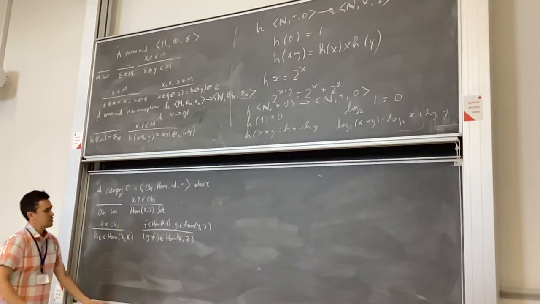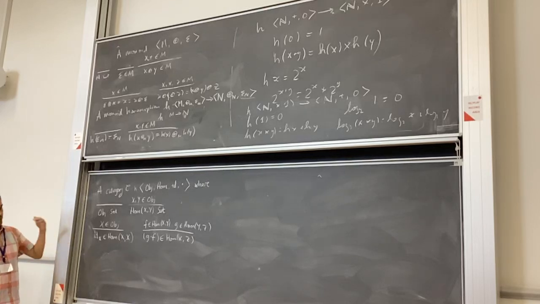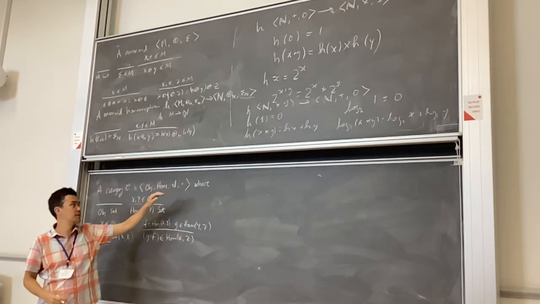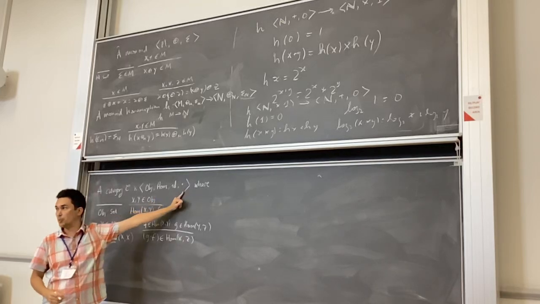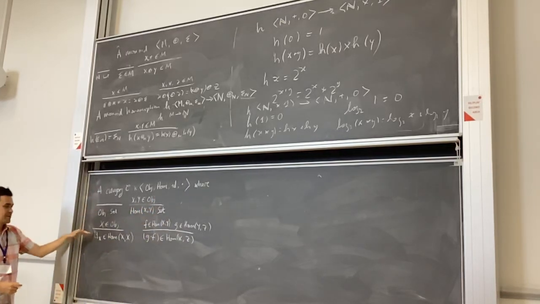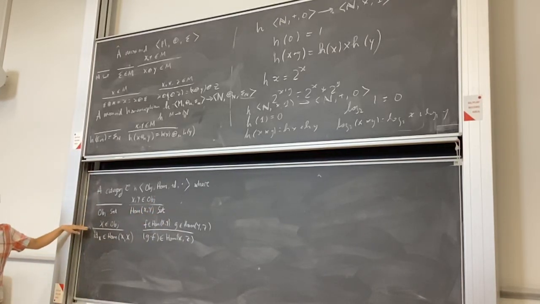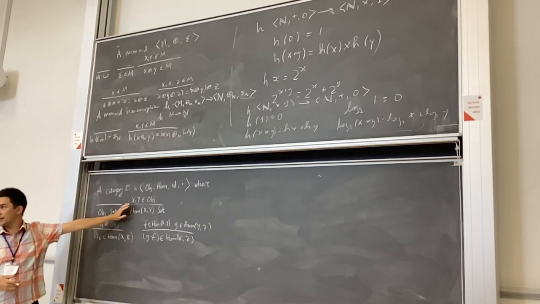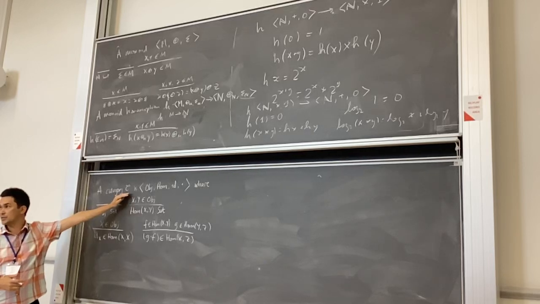So what you should be thinking here is, I'm giving you a piece of data with 4 things in it. Obj, hom, id, and comp. And here, I'm telling you where these things come from, right? Here I'm saying, obj is a set. Here I'm saying, hom x y is a set, where x and y are objects.